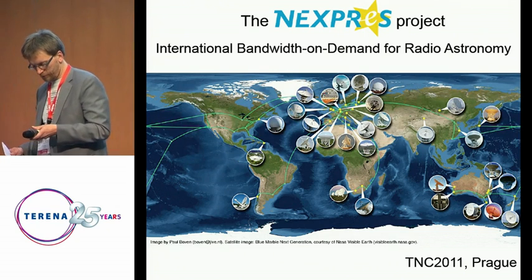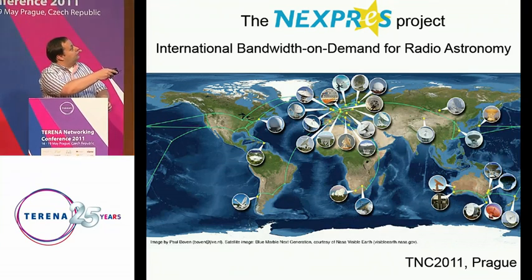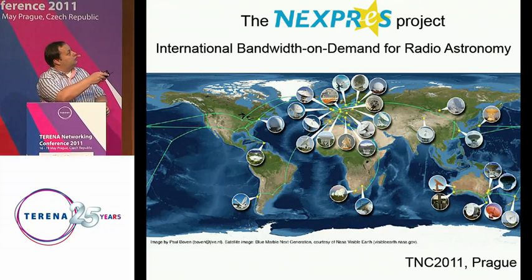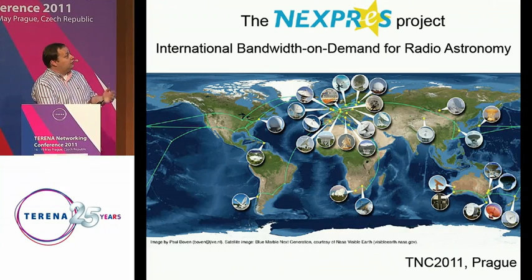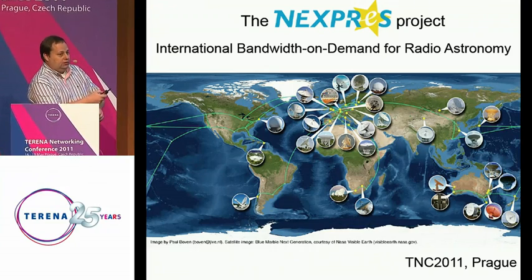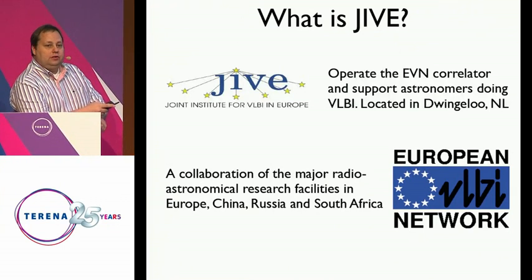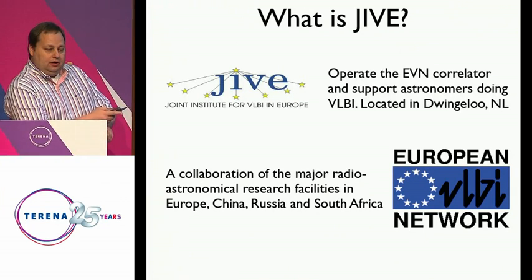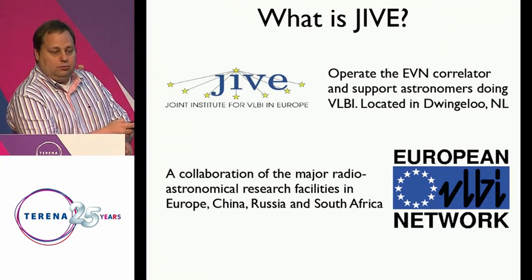Okay, thank you. My name is Paul Boven. I work at Jive. What you see over here is a little map showing some of the radio telescopes we use in eVLBI, and I'll start with explaining what all these acronyms mean. Jive is the Joint Institute for VLBI in Europe, and our mission is to operate the EVN correlator, supporting astronomers who use it.